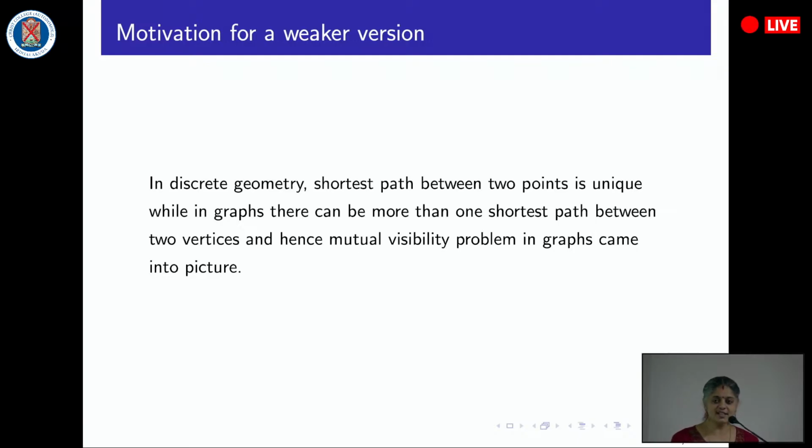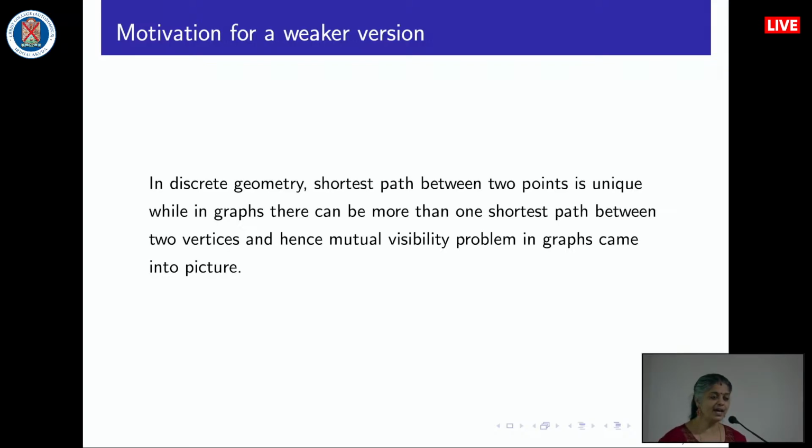Given a graph G and a subset S of the vertex set, two vertices are said to be S-visible if there exists a shortest path from u to v in which there is no third vertex from S, which is clear. Okay. So then we say that u and v are S-visible.